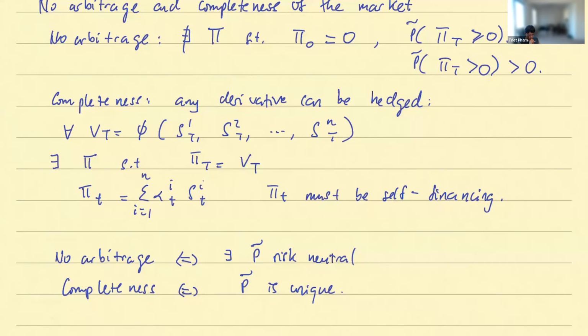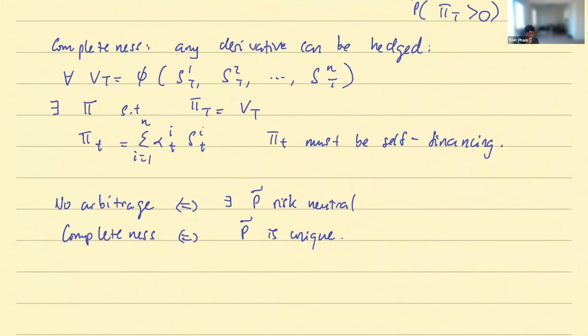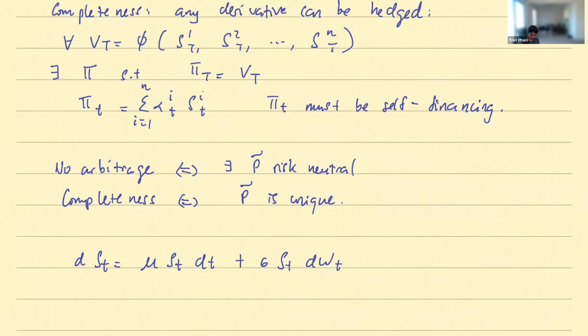So how does this connect? I want to bring this down to home a little bit. How does this connect to the whole Black-Scholes framework above? So let's investigate again. And then we have, so this is physical.